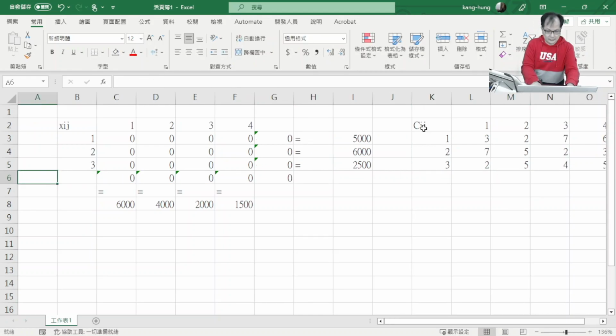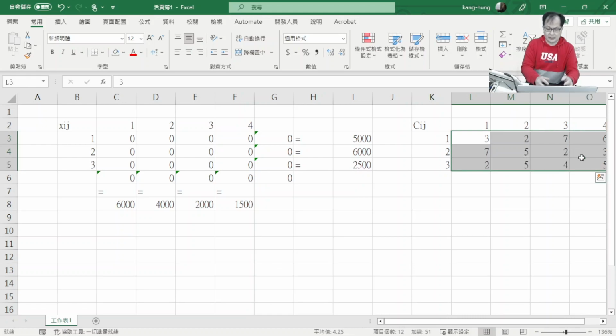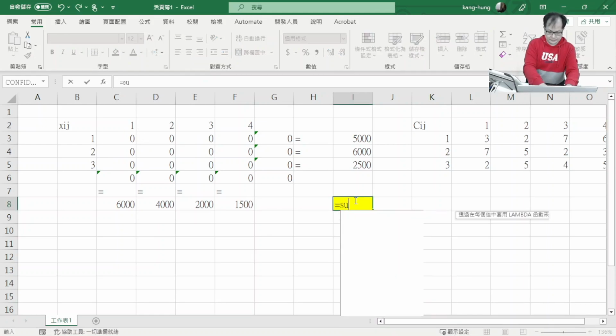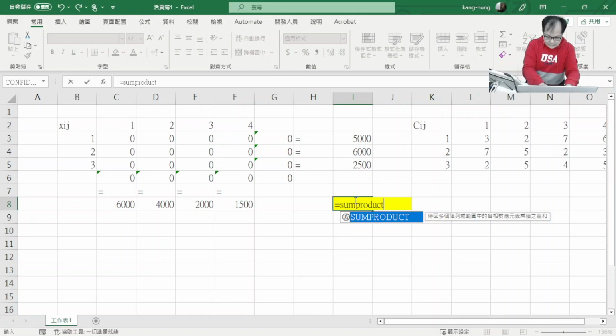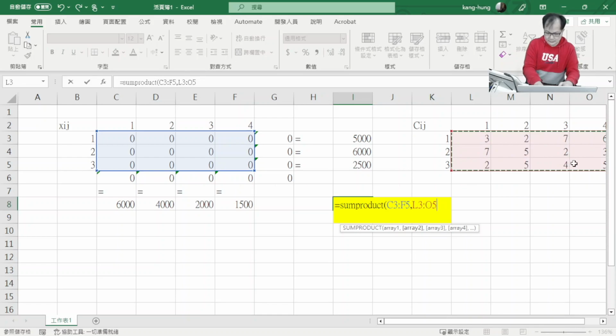Okay, so we use the sum product of this matrix and this matrix to get the objective value. And maybe I just put objective value here and highlight it. Okay, sum product. So all of these matrix times here.